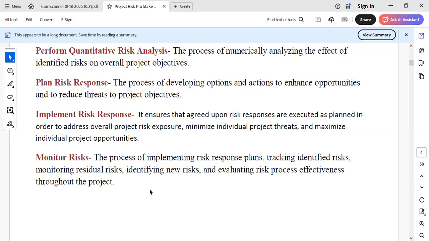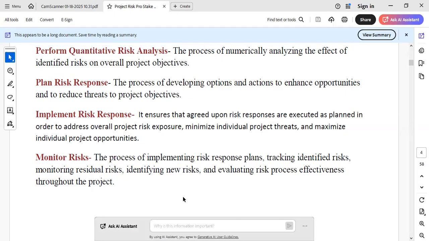While you try to carry out risk response activity, you may create additional risk, or maybe you may identify some new risk. And evaluating risk processes, their effectiveness throughout the project. This is what we do, we monitor it.